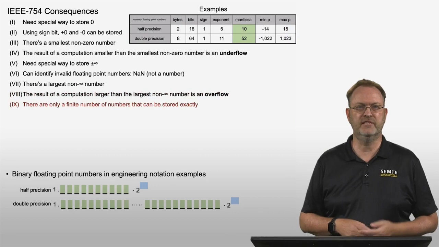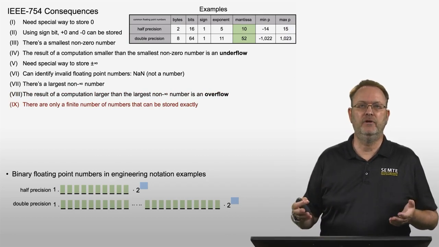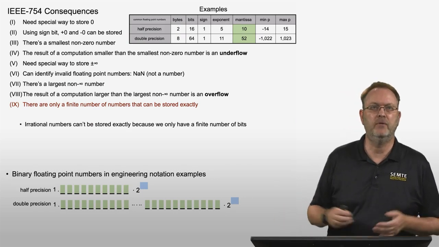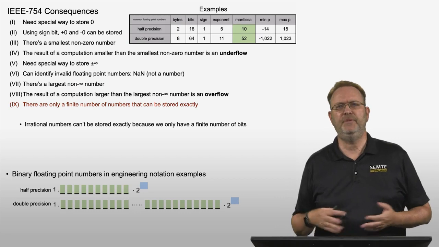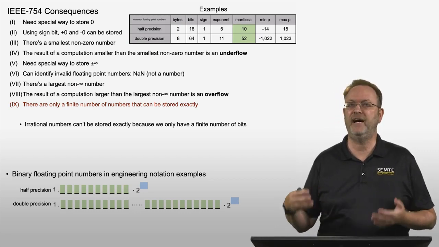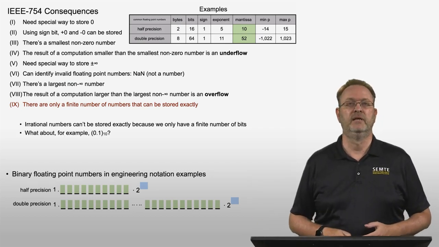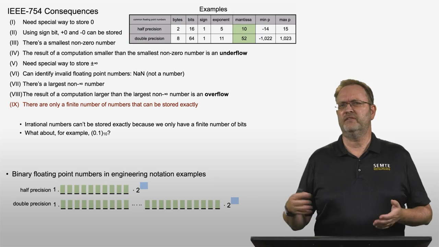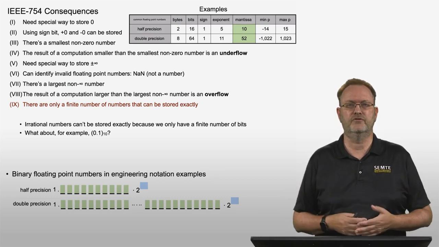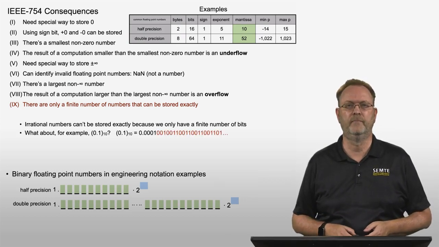Okay, next consequence. There are only a finite number of numbers that can be stored exactly. Now, irrational numbers can't be stored exactly, right? That kind of makes sense because we only have a finite number of bits, digits, meaning available. But there are some curious numbers that we would think initially don't cause any issues. An example is the decimal number 0.1.